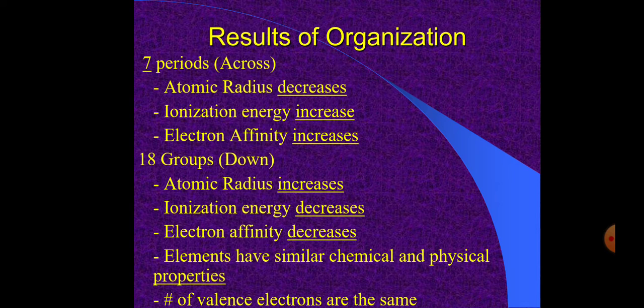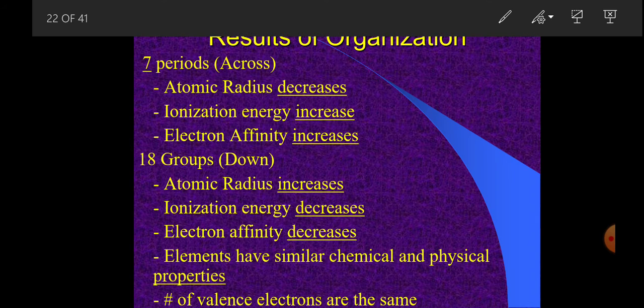This is a general statement that you need to know: across all the periods, the atomic radius will decrease, ionization energy will increase, electron affinity will increase. For all the groups, the general trend is atomic radius increases, ionization energy decreases, electron affinity decreases.